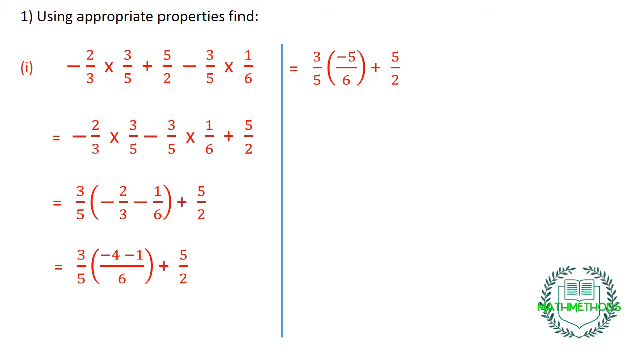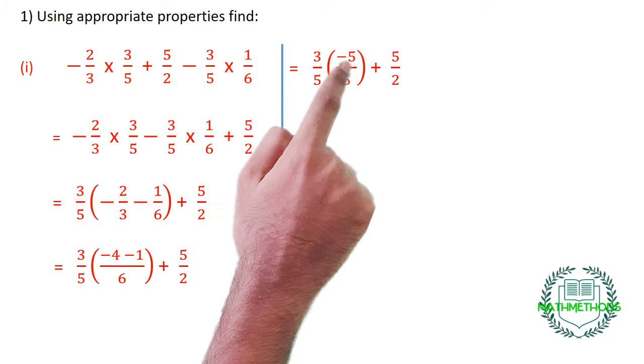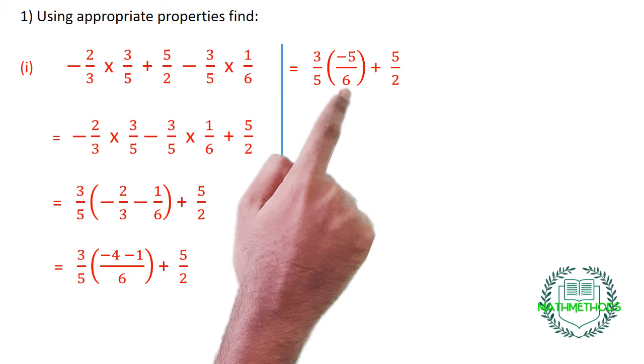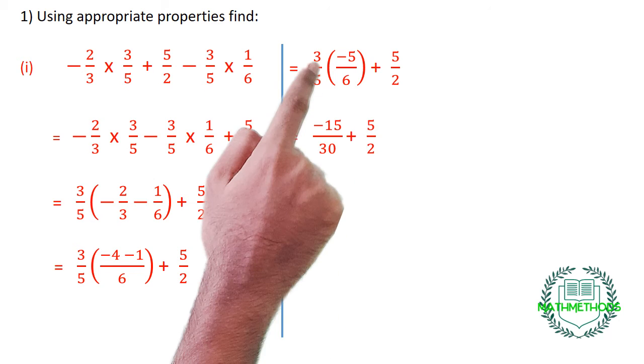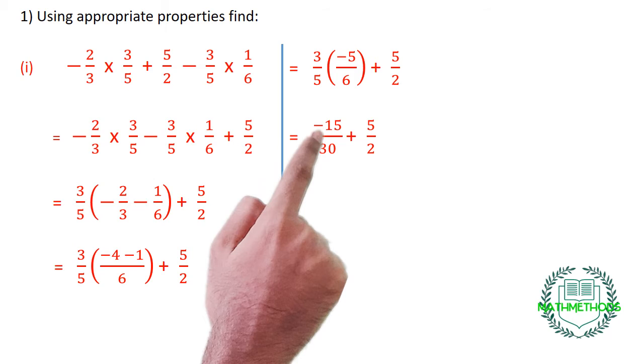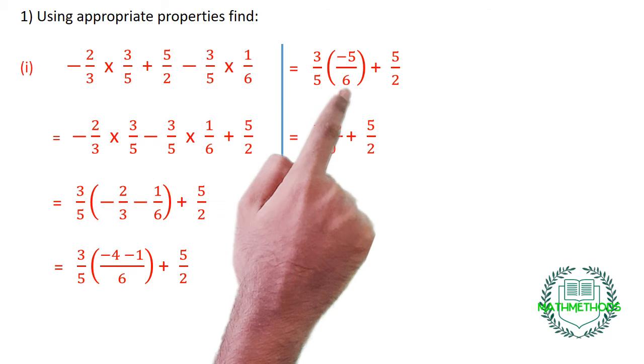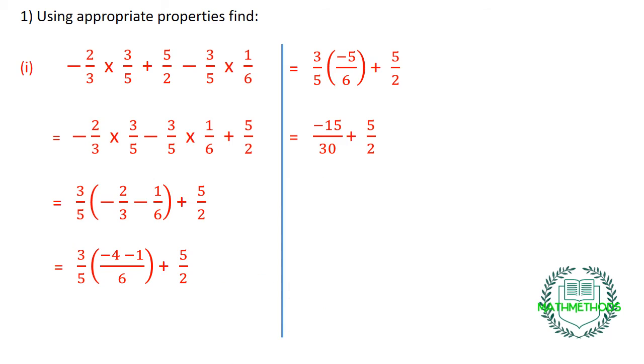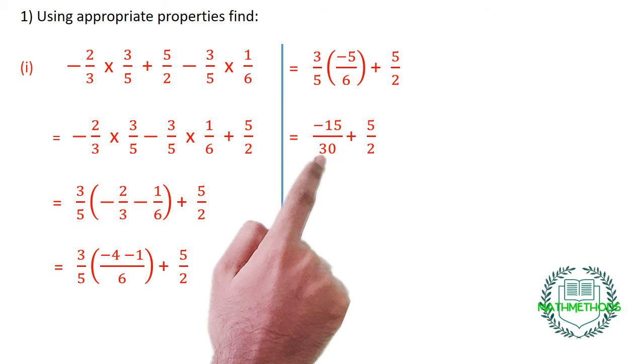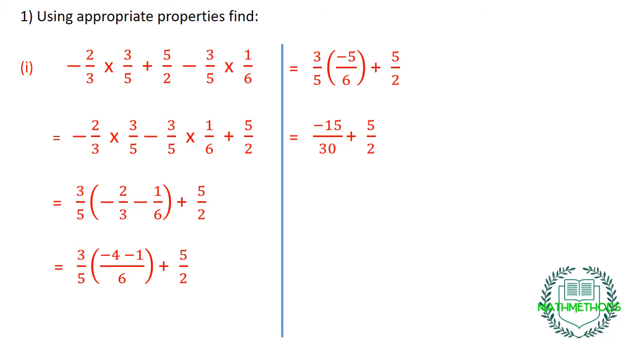Next we'll go for multiplications. 3 multiplied by minus 5 is minus 15, and 5 multiplied by 6 is 30 plus 5 upon 2. Now minus 15 upon 30. 15 and 30 will get cancelled as 15 ones are 15 and 15 twos are 30 and we'll get minus 1 upon 2 plus 5 upon 2.